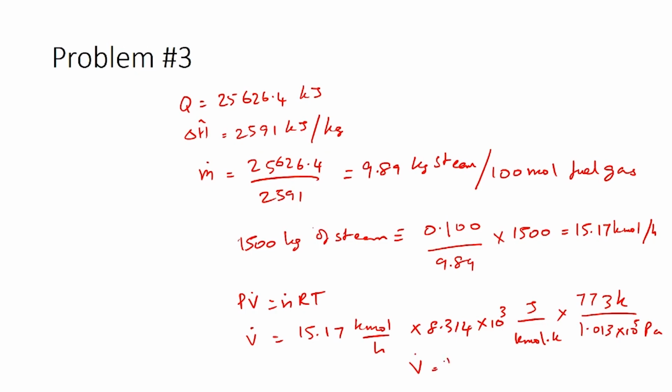So, V dot would be equal to 962.4 cubic meters per hour. So, 962.4 cubic meters of fuel gas has to be burnt per hour to get 1500 kilograms of steam under the given conditions.